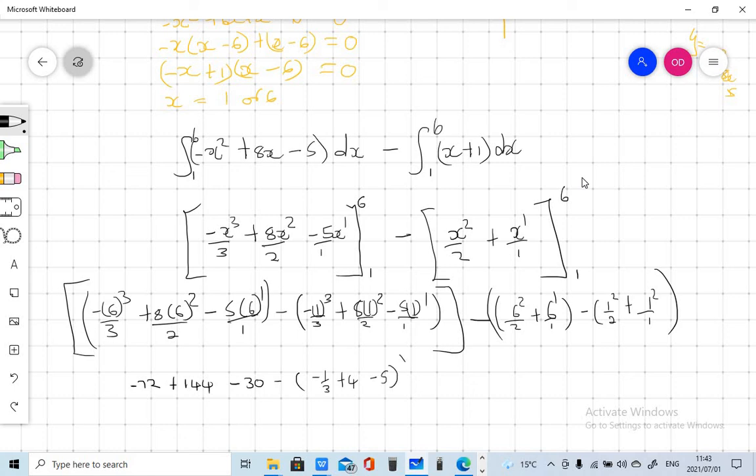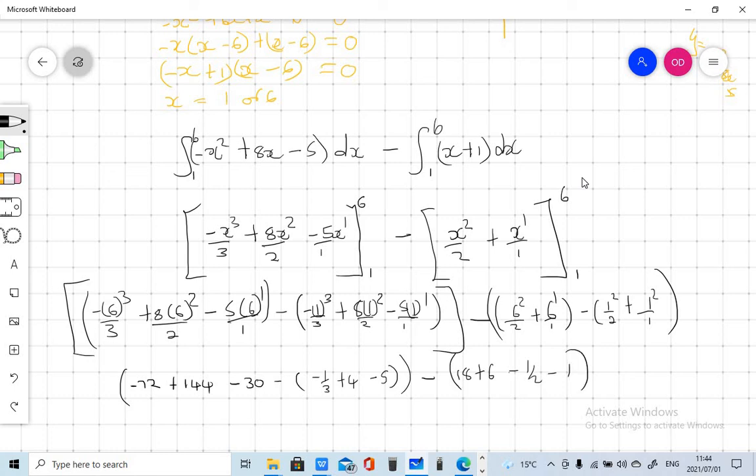All this is being subtracted there. And then on this other side, you're going to have 6 squared, that's 36 divided by 2, that's 18, plus 6, and then minus half, minus 1.